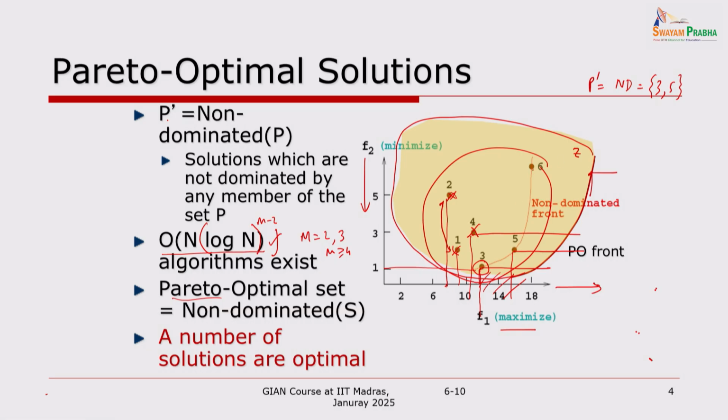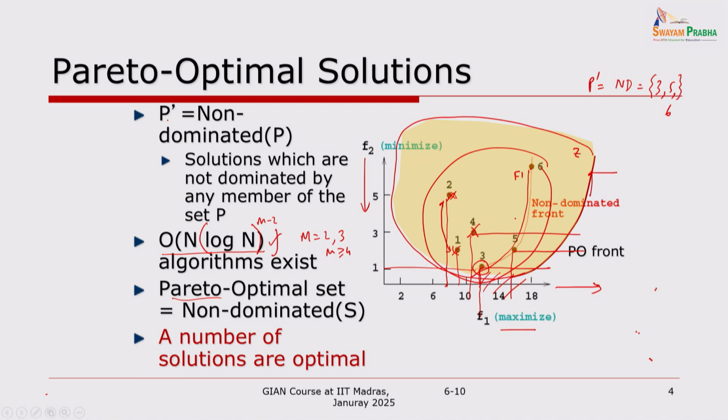Now we have a few representative points here, and sorry, I forgot the 6th one. The 6th one also belongs there. So basically here is a front, that's called front number 1, that's a non-dominated front. That is different from the Pareto set, because in order to have the Pareto set, you need to have every point in the search space in this set.